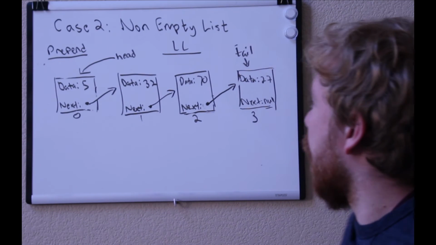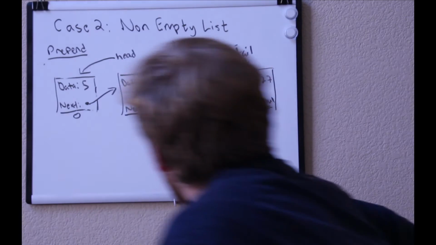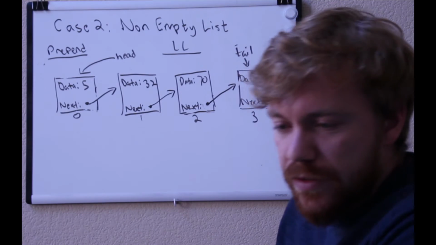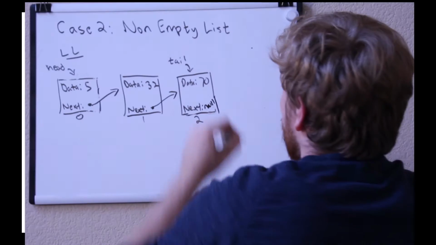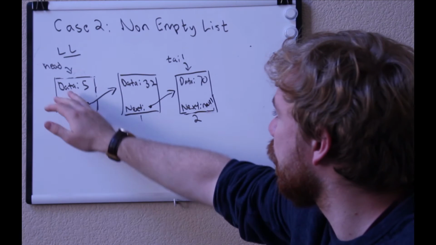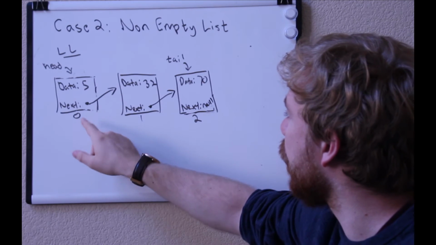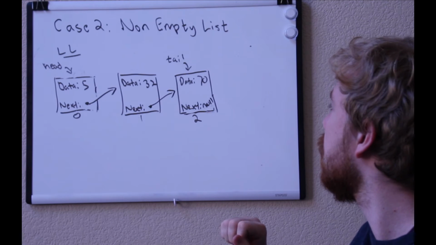And so we'll go ahead and look at an example of this. I'm going to go ahead and adjust the current example we have on the board here. Okay, so this is our current linked list. We have our head here, the data is 5. I'm going to keep the indices here just to represent their locations.